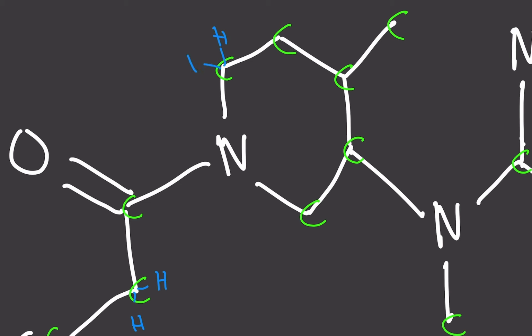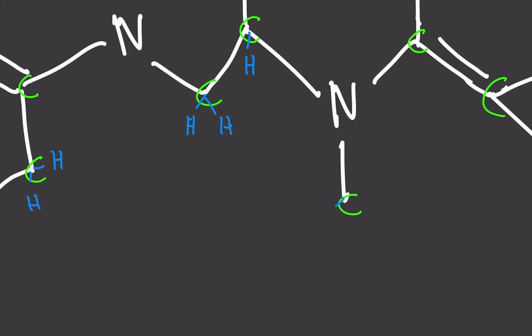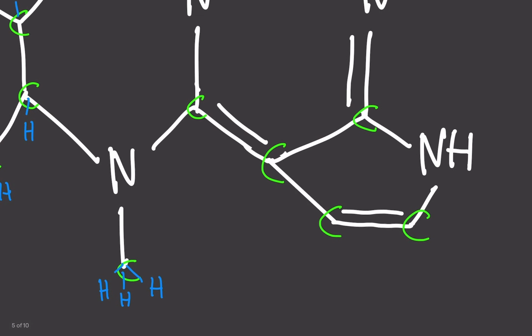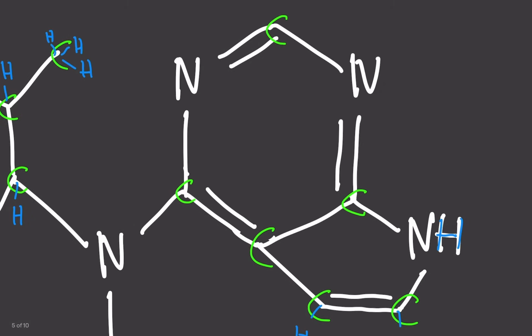This has 2, 2, 1, 3, because we're at the end of the line. 1, 2, 3, because we're at the end of the line. Always 3 hydrogens at the end of the line. That's fine. That's fine. This is not fine. 1, 2, there.